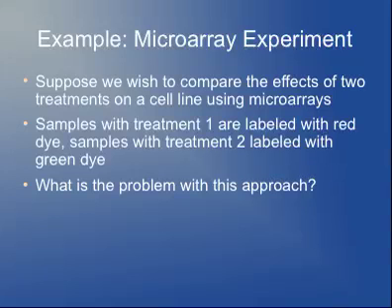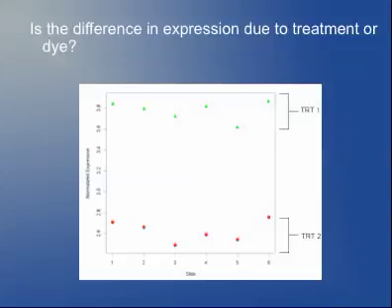So now, going on to a different potential source of confounding. Let's say that you're doing a microarray experiment and you want to compare the effects of 2 treatments on a cell line using microarrays, and the first treatment you label with a red dye and the second treatment you label with a green dye. The problem with this approach, hopefully you see already, is that you're potentially creating bias due to the dye.